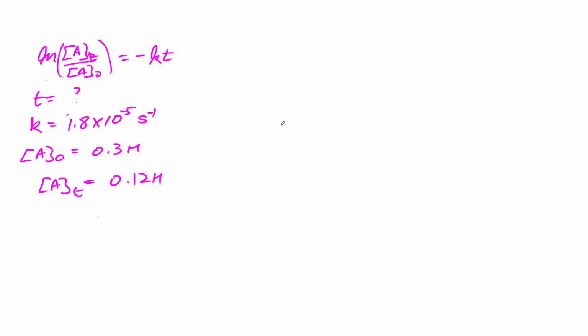Now this is going to be an easy calculation because we're going to use this. So the log of 0.12 divided by 0.3 is equal to minus 1.8 times 10 to the minus 5th times time.